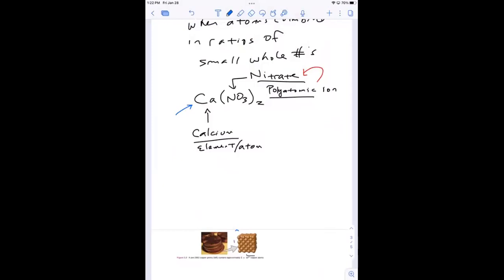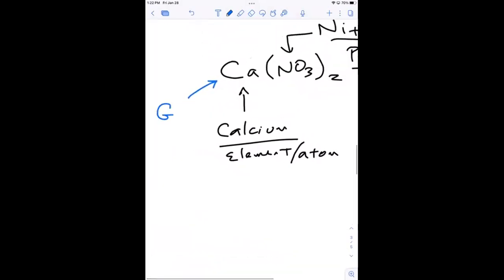Anybody got it yet? It's in group 2, isn't it? Yes. So it's a group 2 element.